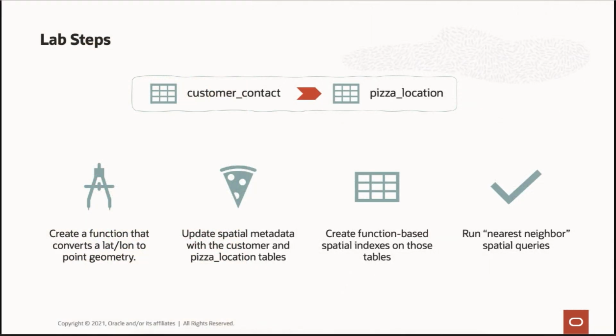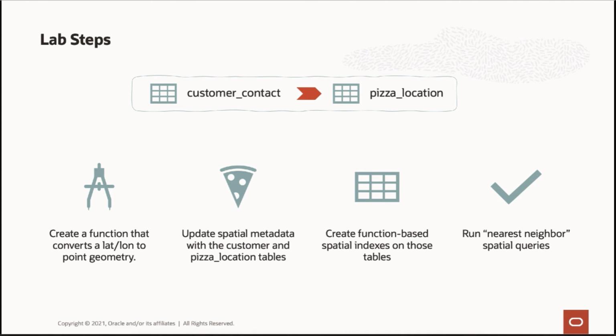So what you will be doing in this lab is as follows. You're going to be working with the customer contact table and the pizza location table. Each of those includes coordinates. You're going to begin by creating a function that converts those coordinates into a geometry, just a general purpose function.